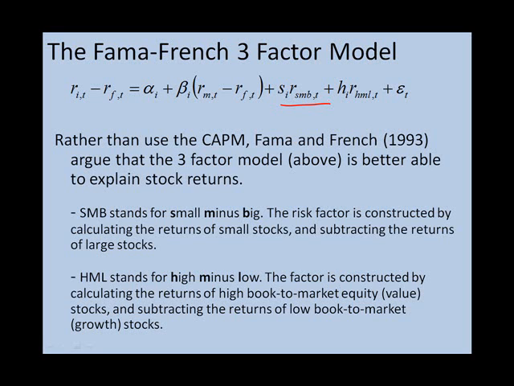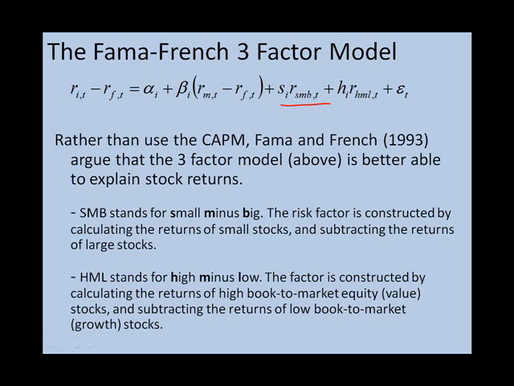They constructed this risk factor by forming a portfolio of small stocks and then subtracting the returns from a portfolio of large stocks. That's why it stands for small minus big. So the returns on SMB are the returns from this portfolio, which is long small stocks and short large stocks.